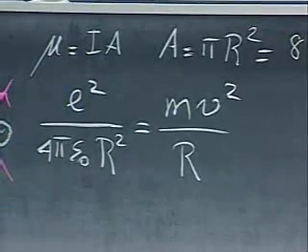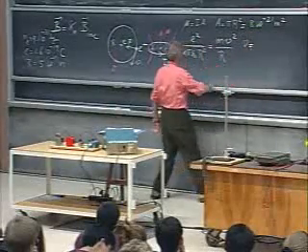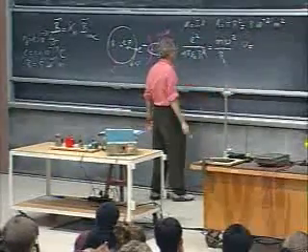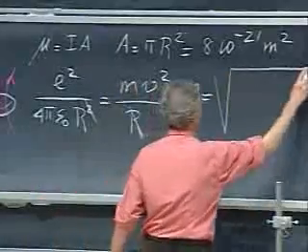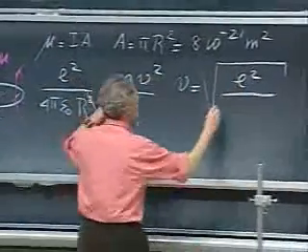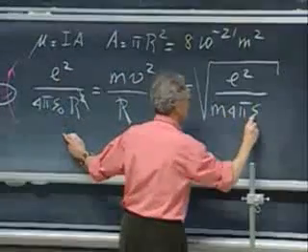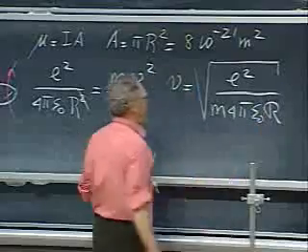It's phenomenal. It's an incredible speed. So v then becomes, I lose 1 r, so I get the square root, I get an e squared upstairs here, my m goes downstairs, I have 4 pi epsilon 0, and I have here an r. And I know all these numbers.